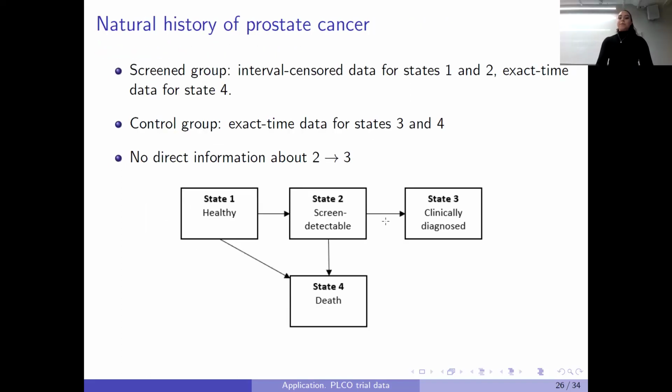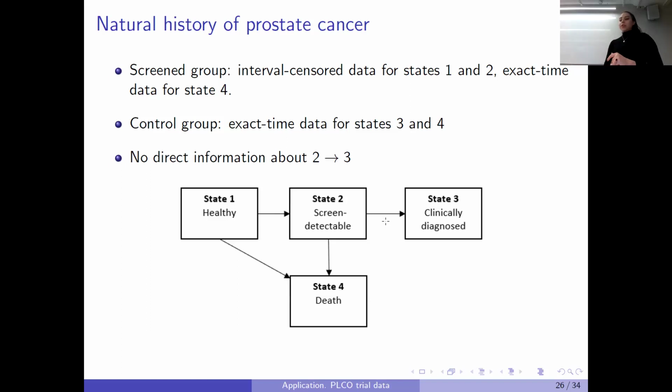Right. So if we go back to the first example and see this process, we have the same setup in the sense that we have a longitudinal biomarker, a PSA value, so the patients are coming every year to get this blood test, and then we have a multi-stage model of disease progression.